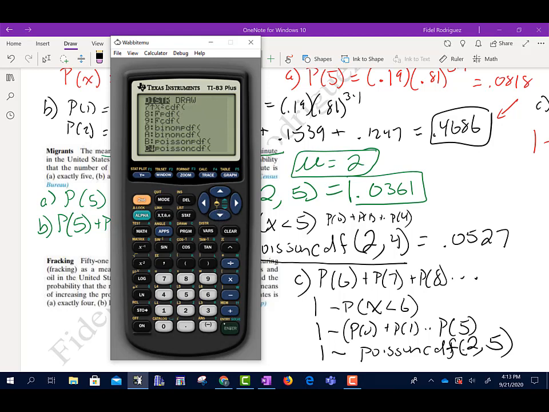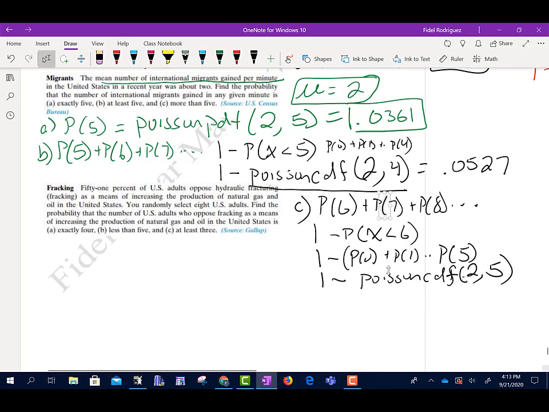Here we go. My average is 2. My x value is 5. Okay. And then I'm going to go 1 minus my answer. And I'm coming up with 0.0166. Okay.